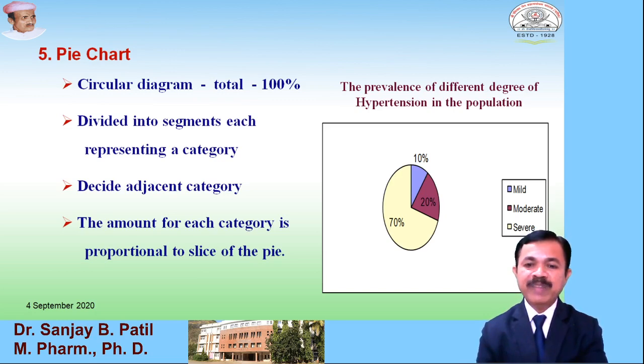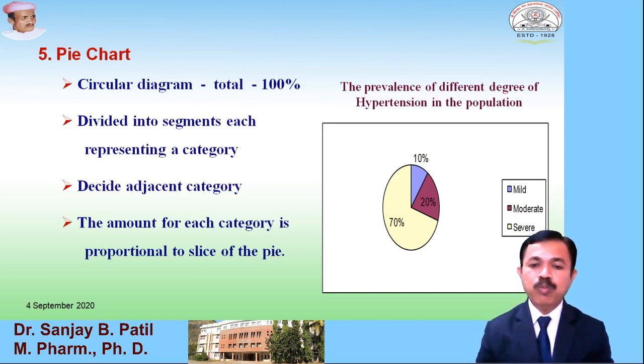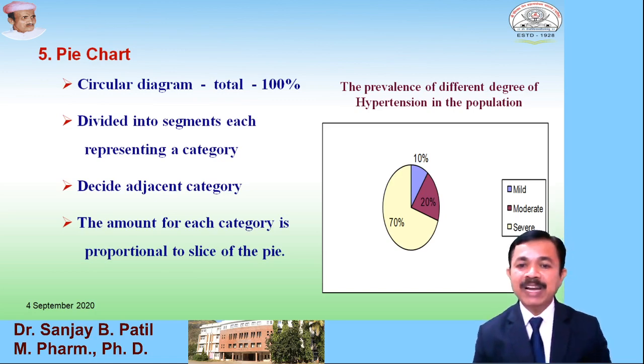So if we have to represent the first segment, that is mild hypertension, which is 10%, what is the angle corresponding to 10% of the circle? The angle of a circle is 360 degrees. So 10% of 360 degrees is 36 degrees. So you have to draw an angle of 36 degrees which will comprise the 10% as mild hypertension.